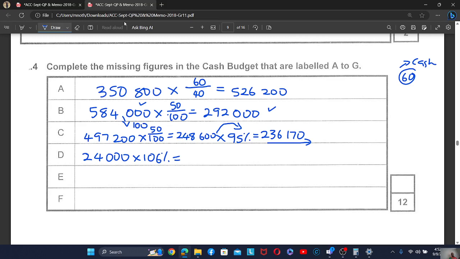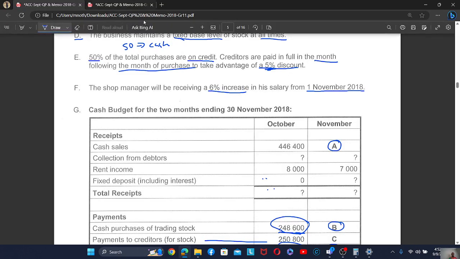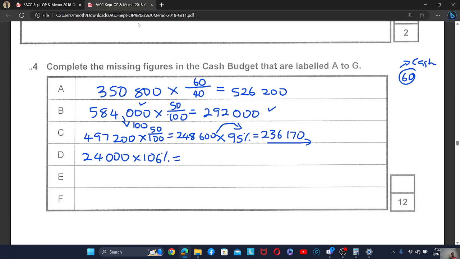This one was also going to give you the answer, 25,440. It's the same answer.